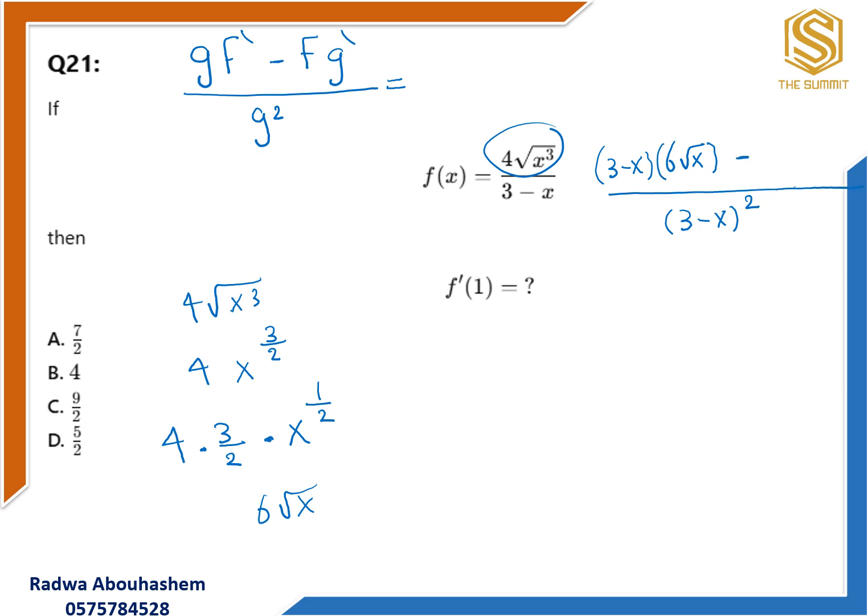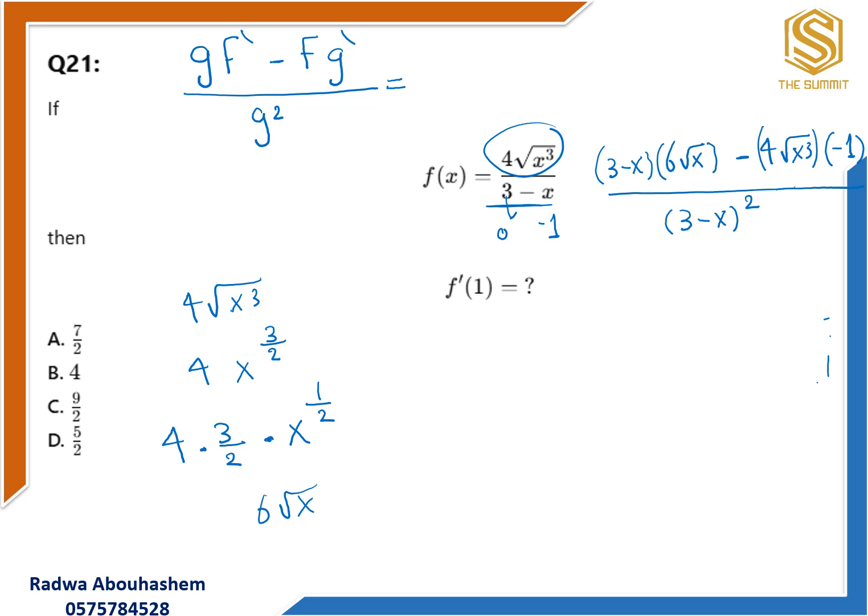minus the first function, which is 4 square root of x power 3, multiplied by the derivative of the second function, which is 3 minus x. The 3 here would be 0, and the derivative of negative x would be negative 1. So this is negative 1. Pay attention to the sign. After this, I'll just substitute.